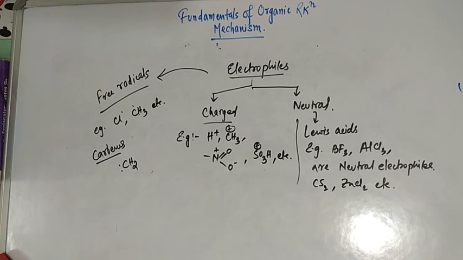When we move into the deeper section of organic reaction mechanisms and see the mechanism pathway, we will understand better how these behave as electrophiles. So what are free radicals? These free radicals are nothing but those species which have unsatisfied valencies.